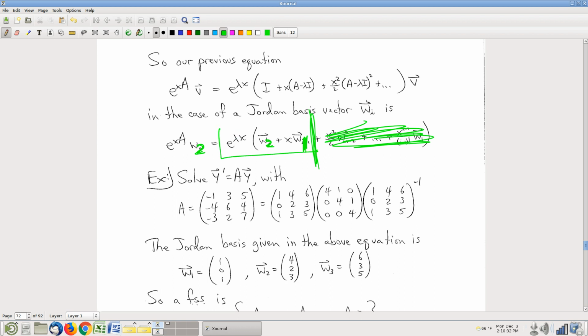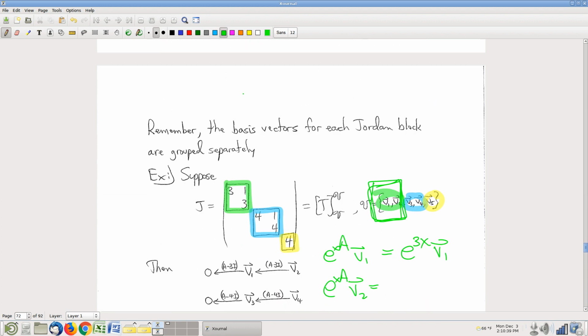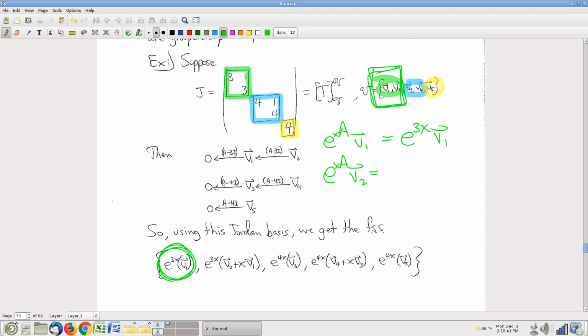So we have just that. It's going to be V2 plus x V1. Everybody good? Notice this is exactly what it would have looked like if we hadn't paid attention to this point, but where it starts to get different is when we start looking at the next Jordan block.